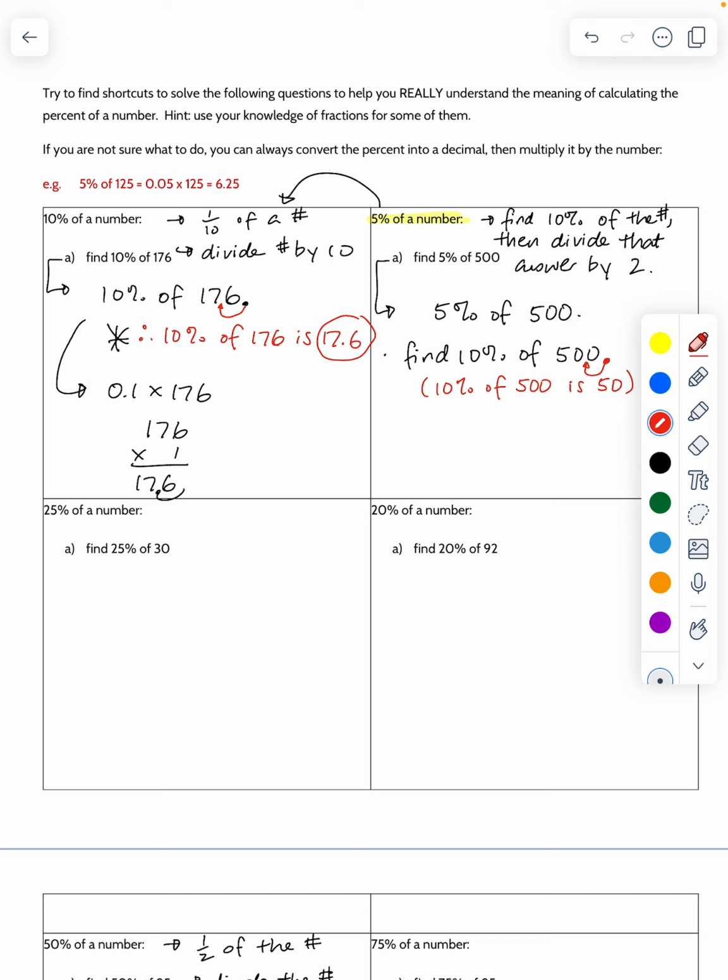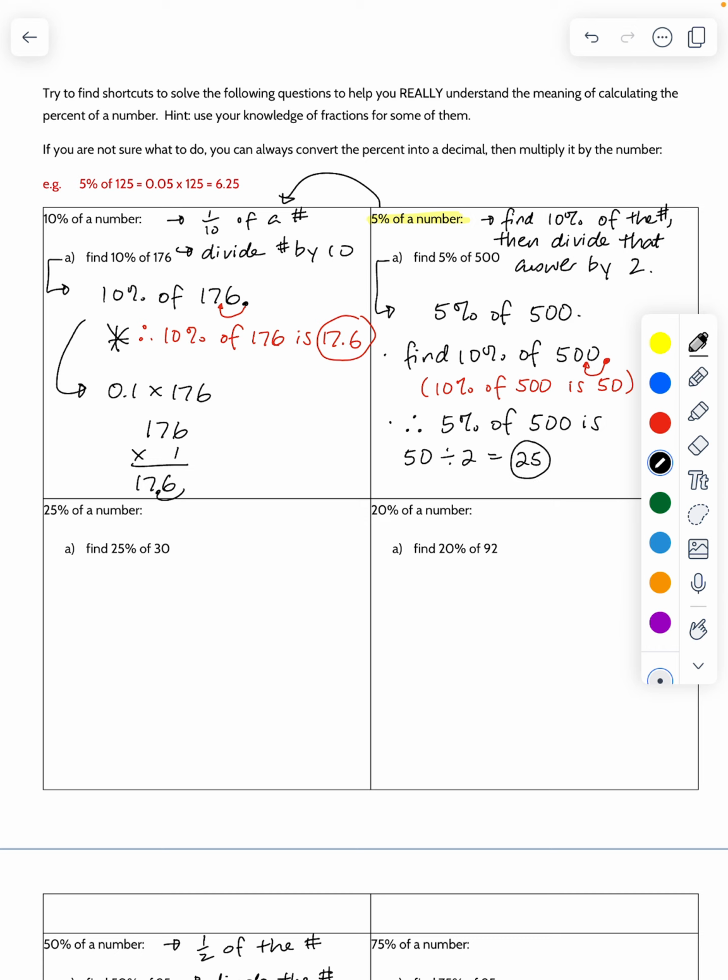Now, if 10% of 500 is 50, then you can find 5%. Therefore, 5% of 500 is 50, which is 10%, divided by 2, which will give you 25.